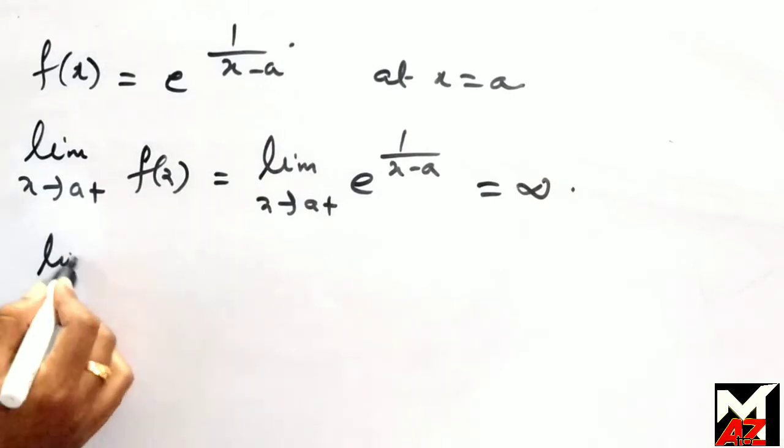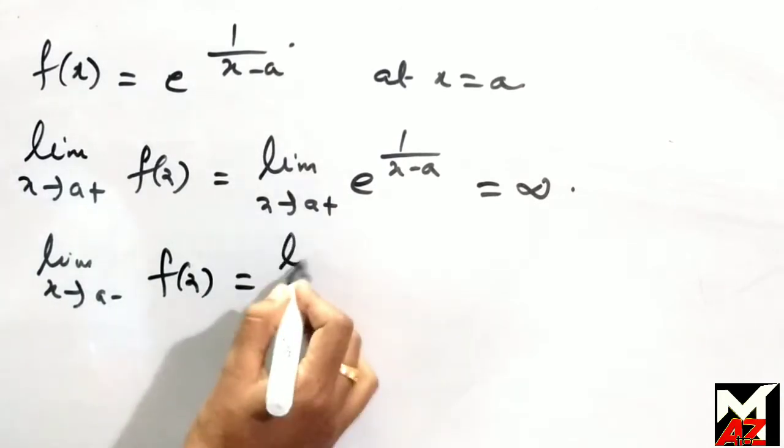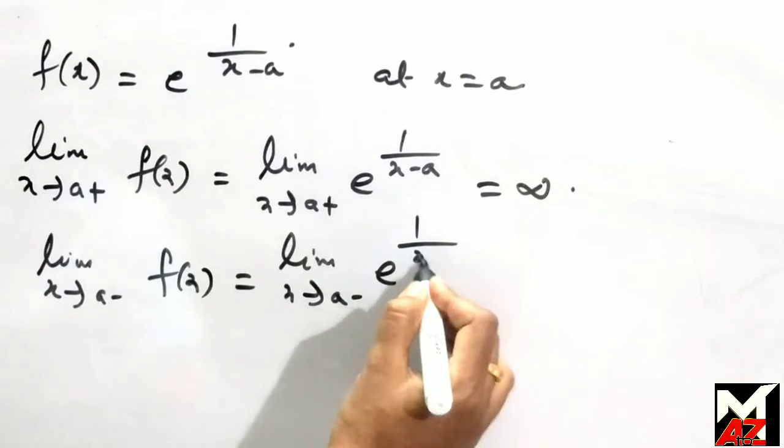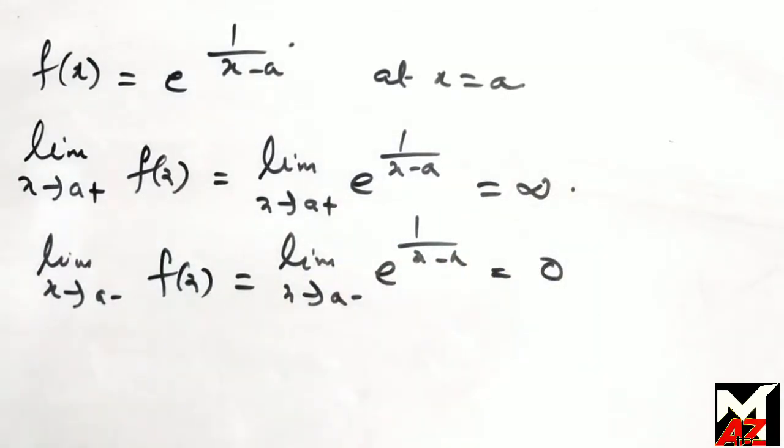But the limit as x tends to a minus of f(x) is e to the power minus infinity, which is 0. So this function has infinite discontinuity from the right but not from the left.